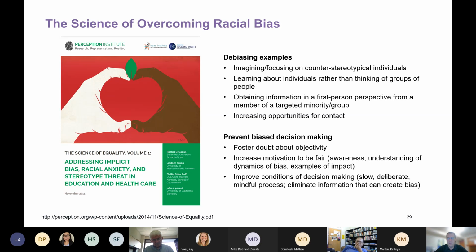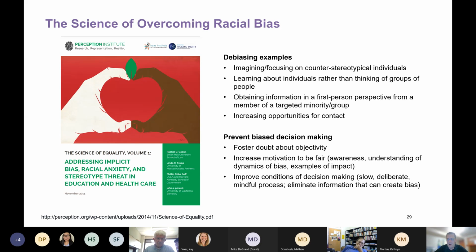Another example was exposing people to individuals, allowing them to learn a story about an individual. A lot of children's books, for example, introduce other ethnicities by telling stories of children or stories of people. And that was also effective because then the story of that individual replaced the more general perception of the entire group of people. Obtaining information in a first-person perspective.